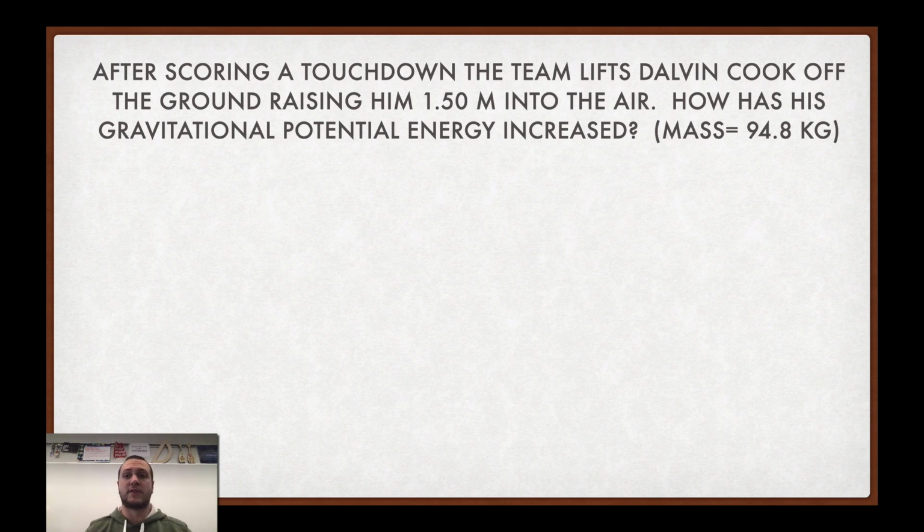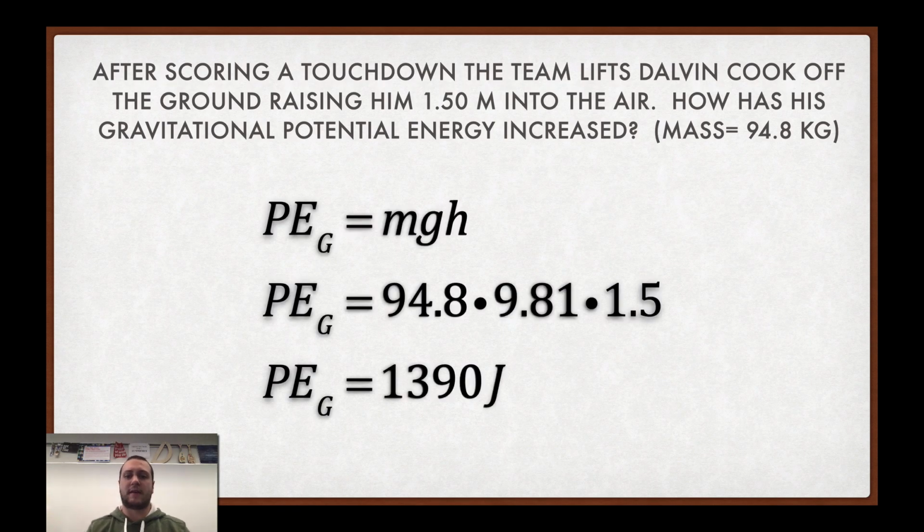All right, welcome back. So Dalvin Cook, right, things we know about him. We know his height change is 1.50 meters, we know his mass is 94.8 kilograms, and we know g is 9.81 meters per second per second. So by substituting those values into our formula for the gravitational potential energy, we get 94.8 kilograms times 9.81 meters per second squared times 1.50 meters, and with 3 sig figs, we get 1,390 joules.